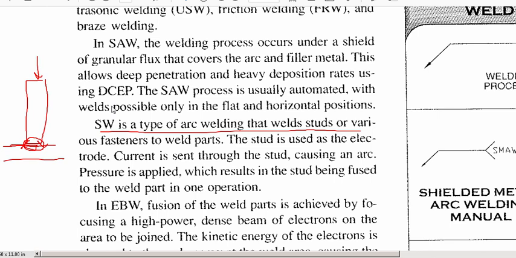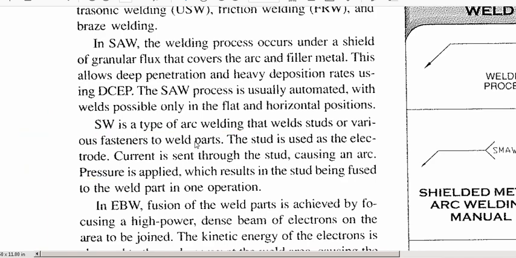The pressure helps bind it, you release and let it cool, and you've got the stud joined. It's an automated process, the pressure is a big part of the fusion, and it can be done in one operation. It's more like resistance welding: electricity flows through the point of contact, and that's where we get our fusion.